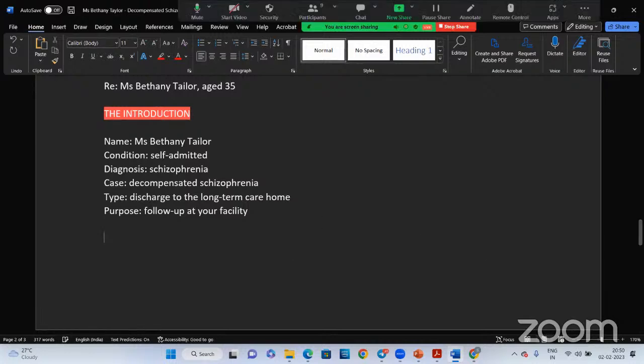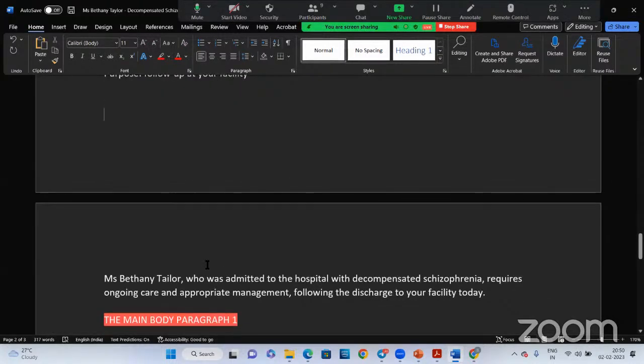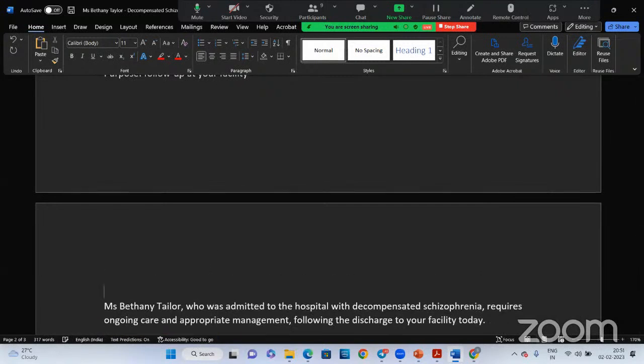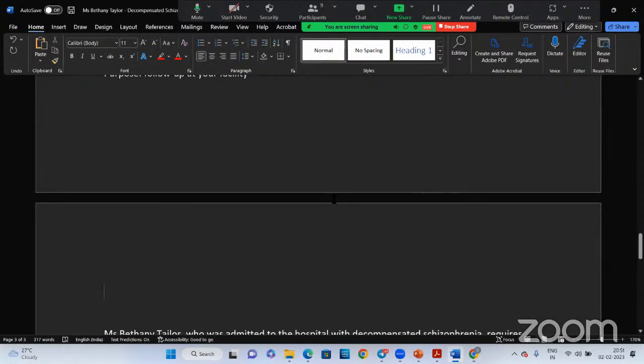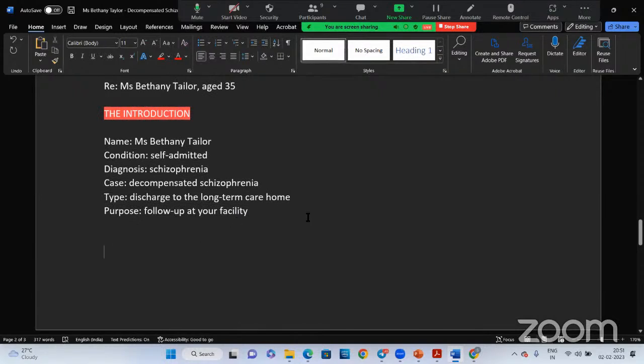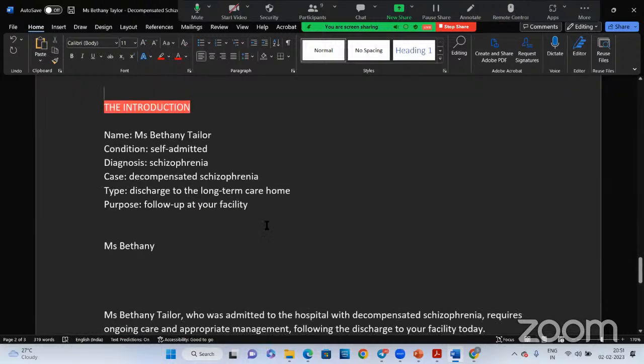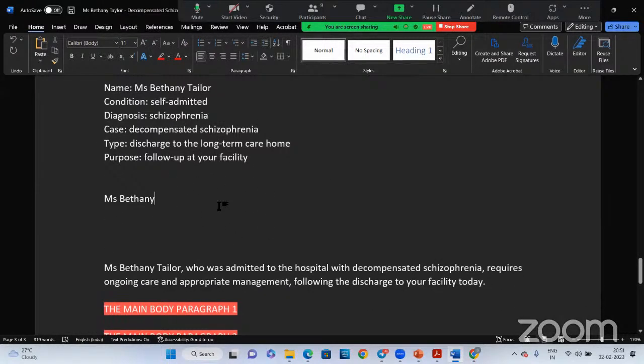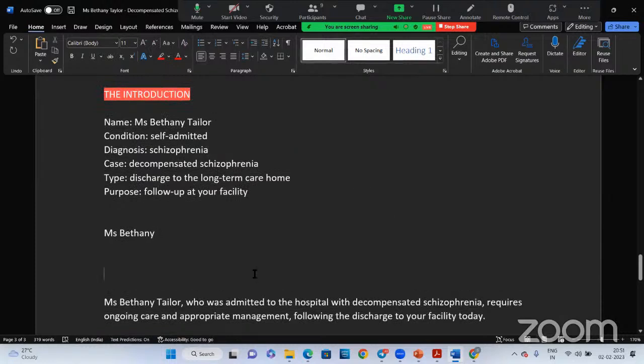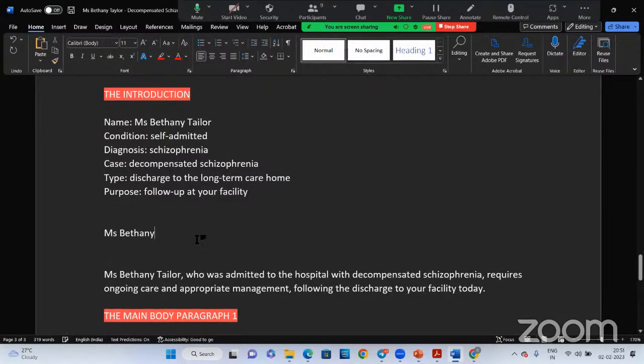Now let us make the three sentences here. So, Miss Bethany Taylor, we are splitting the sentences. I want everything here together. Miss Bethany Taylor, right, was admitted to the hospital.